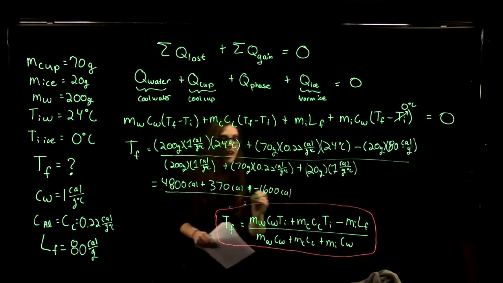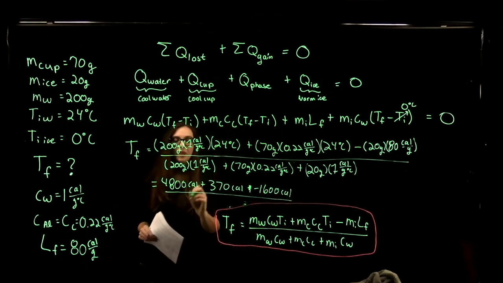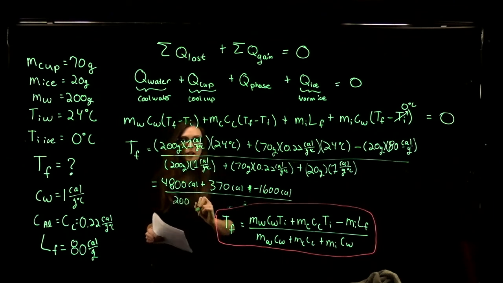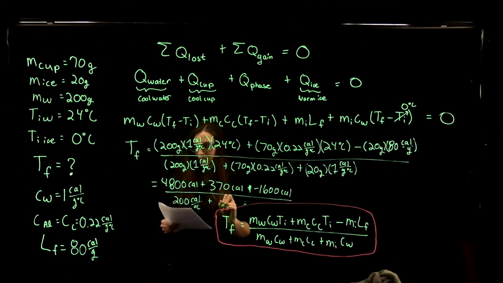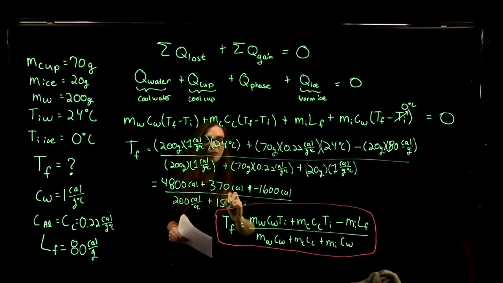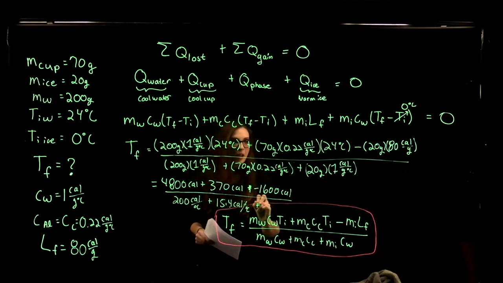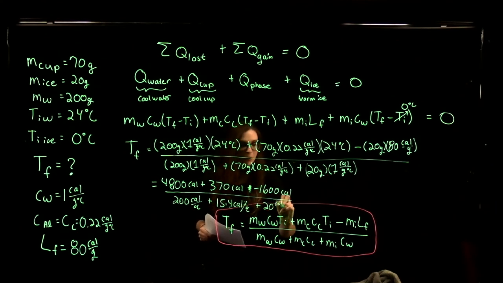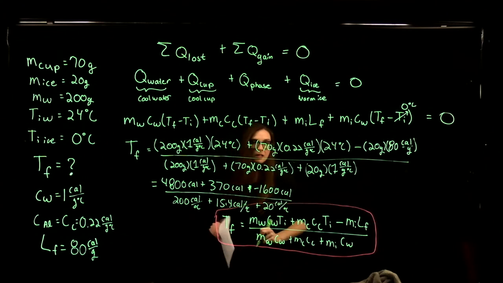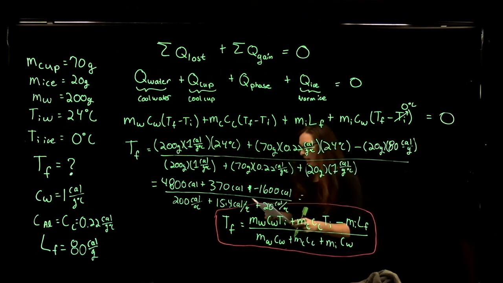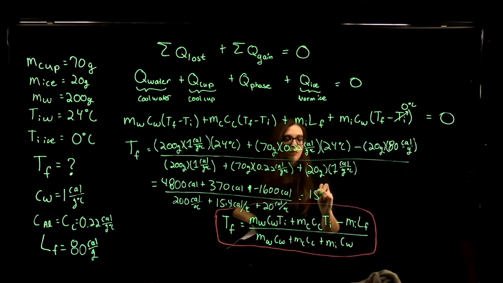And then we're dividing that all by 200 calories per degree Celsius, plus 15.4 calories per degree Celsius, plus here we've got 20 calories per degree Celsius. Okay, plugging all that in, we find that the final temperature should be 15.2 degrees Celsius.